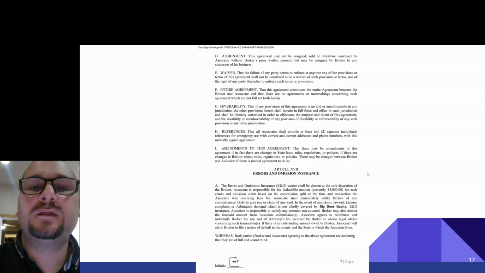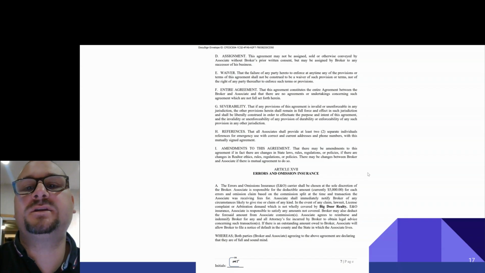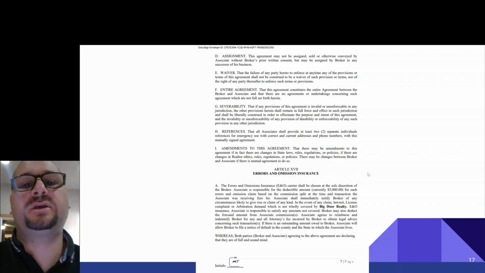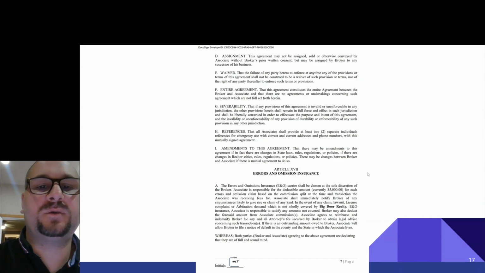Entire agreement. This agreement constitutes the entire agreement between the broker and associate, and there are no agreements or undertakings concerning such agreement which are not fully set forth herein. Severability.